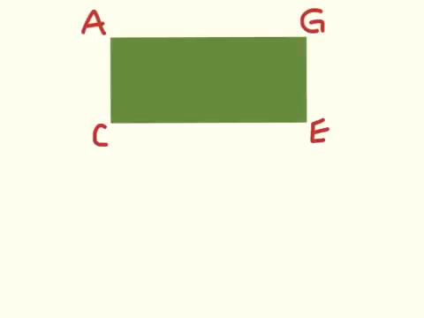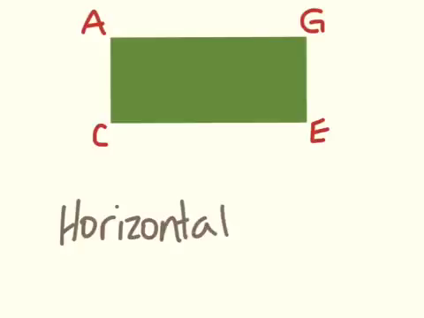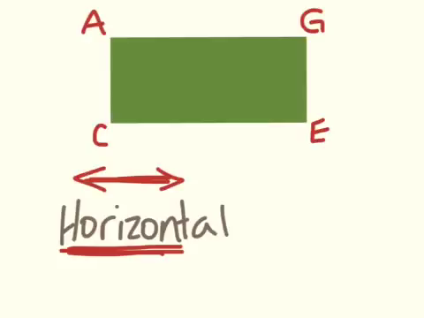The opposite of vertical is horizontal. Horizontal, if you think about horizon, the horizon, when you look out at the sky and you see the horizon, it's going this way. It's sideways.